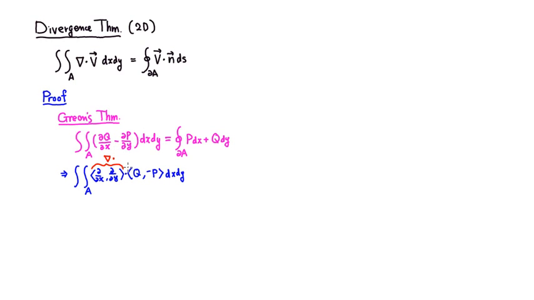Then we're going to call this vector field V. The right-hand side is going to be a line integral along the boundary of the region A. Since I want to use exactly the same vector field V, I'm going to put Q comma negative P. Then we want to adjust it.